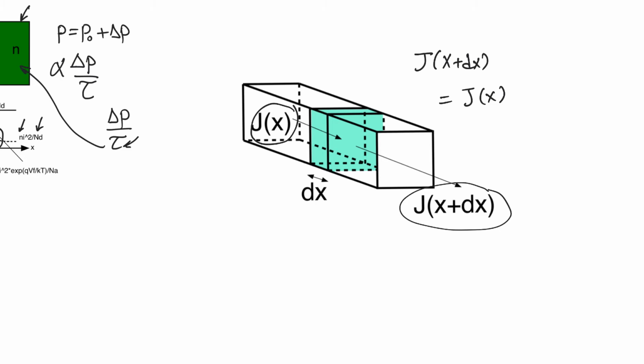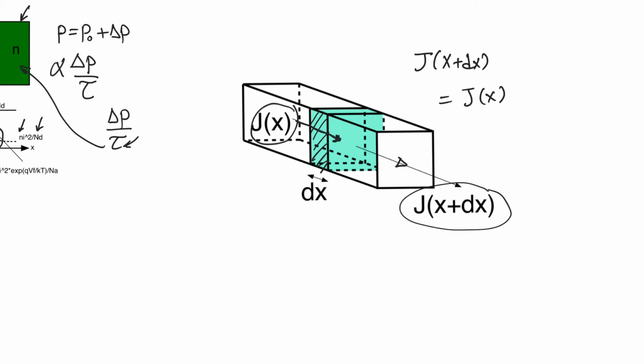But in this case, we are talking about the fact that within this small volume, there is something that happens to some of the carriers that enter the cross section. So not all of the carriers that enter the cross section through J of x manage to exit it as J of x plus dx.